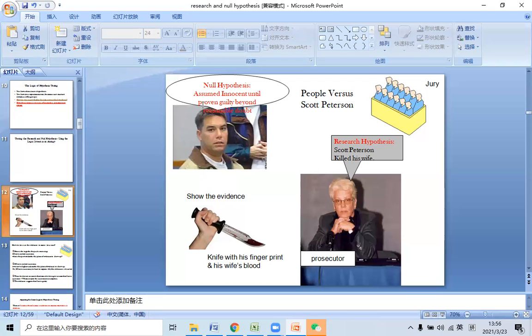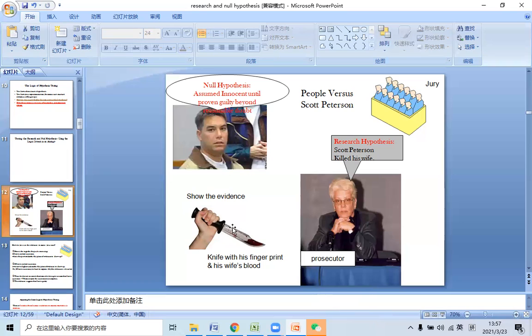Remember, we are starting with the assumption of innocence. Suppose we assume the guy is innocent, he didn't do it. What is the probability we find a knife with his fingerprints and his wife's blood? The probability of finding this piece of evidence would be really low.